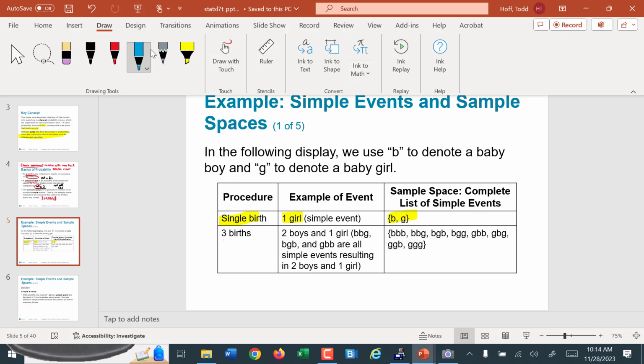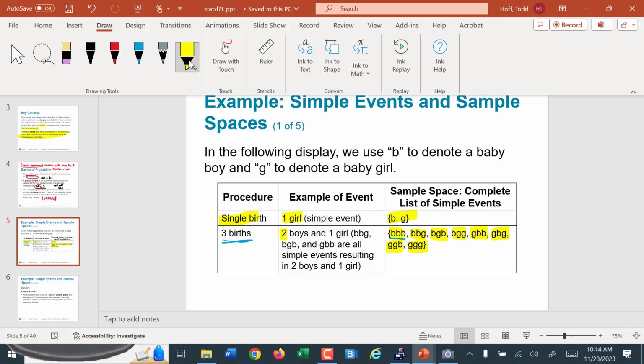The second example is 3 births. Well, in 3 births, there are a lot of possibilities. They could all 3 be boys. We'd have 2 boys followed by a girl, or the girl could be the second of the 3, or the girl could be the first of the 3. Or we could have 1 boy first followed by the 2 girls, or the boy can be in the middle, the boy could be the third one born, or all 3 of the births could be girls.